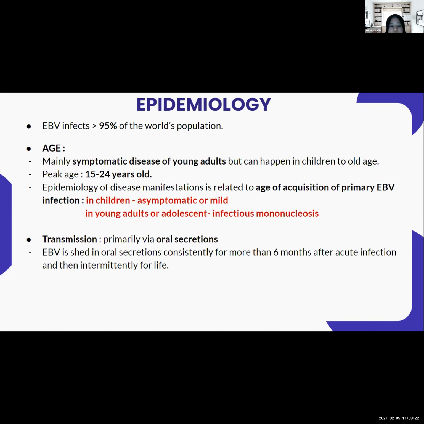For the mode of transmission, it is primarily via oral secretions. Since it is a herpes virus, it can establish a latent infection. It can be shed in oral secretion consistently for more than 6 months after acute infection, and then intermittently for life, but in low volume.